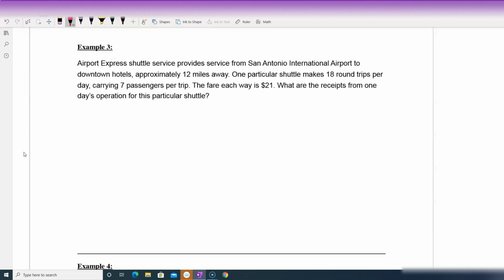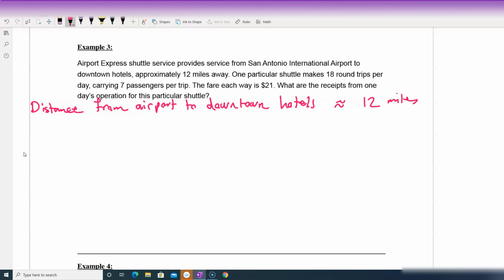Already all these we have. Distance from the airport to downtown hotels is 12 miles. Here we have 12.